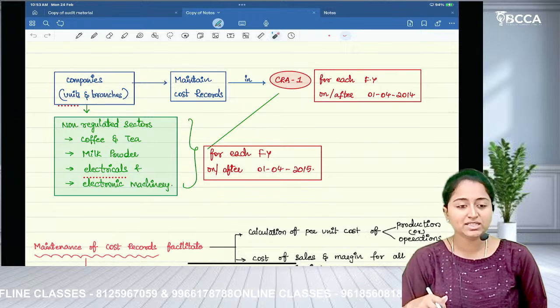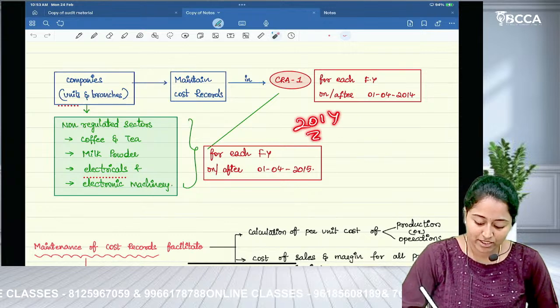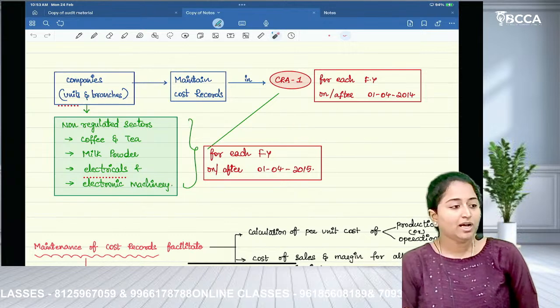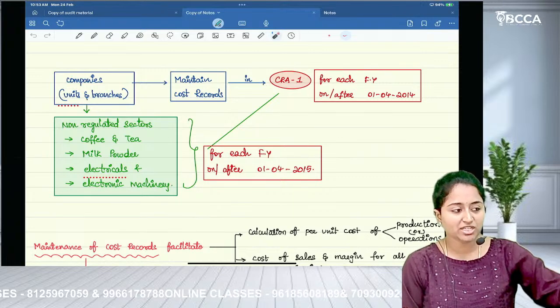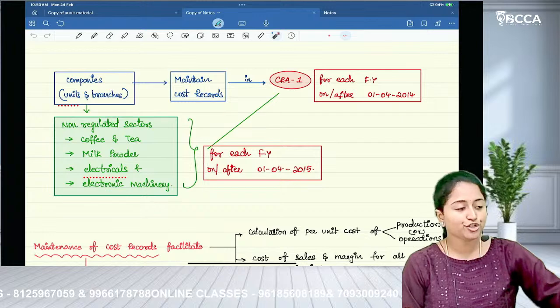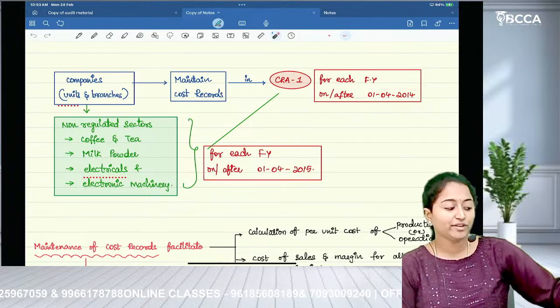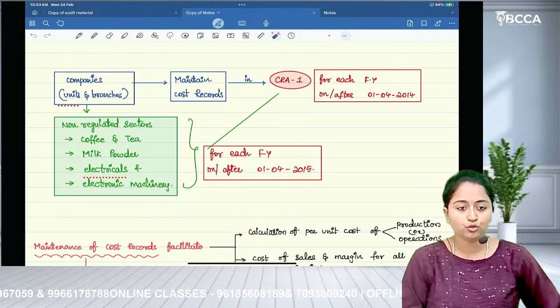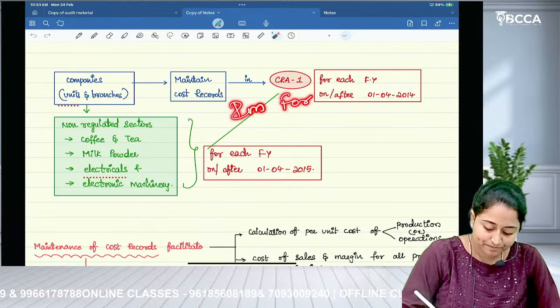Now from when has this been brought? 2014, 30th June, right? So any company which is into production or providing of services from 1st of April 2014, from that date they have to do maintenance of cost records in form CRA 1.